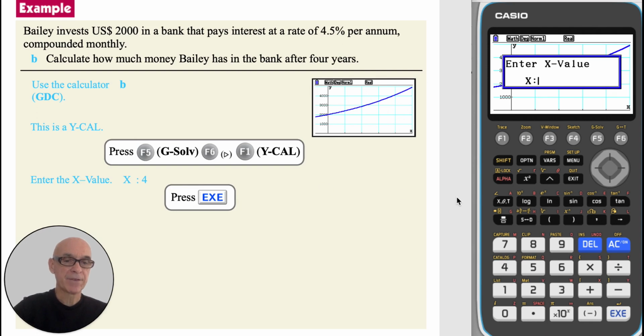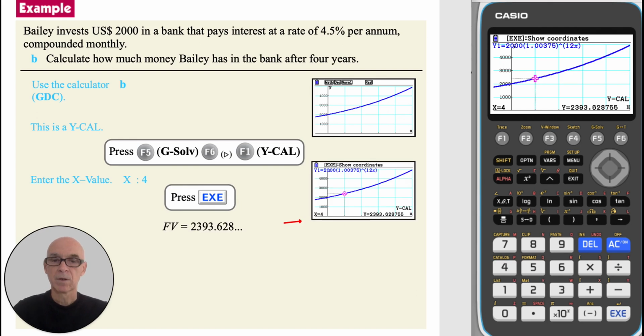Enter the value of x, which is 4 for 4 years, and press Execute. Write down the value of y, which represents FV, the future value. So after 4 years, there will be $2,393.63, correct to 2 decimal places.